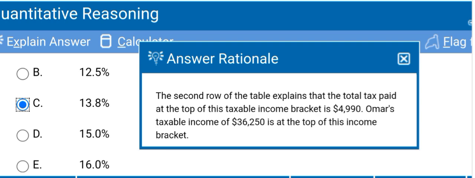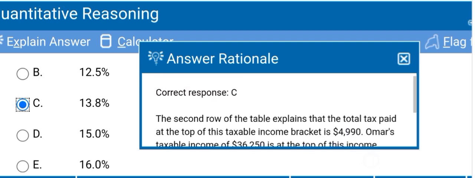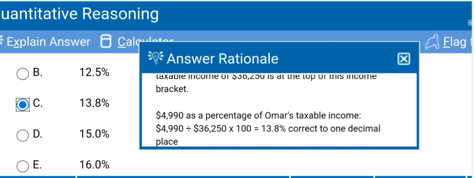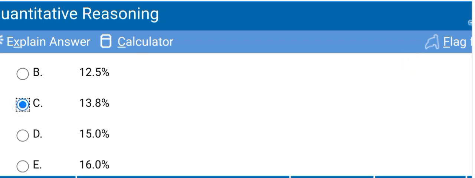Homer's taxable income of $36,250 is at the top of this income bracket. As we calculate these values, we will get 13.8%, correct to one decimal place.